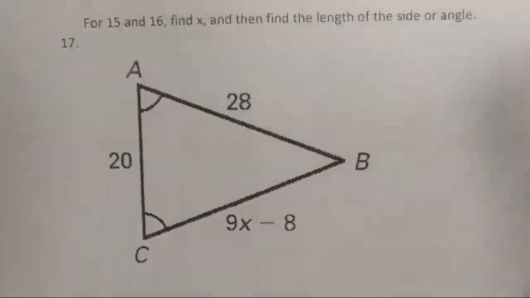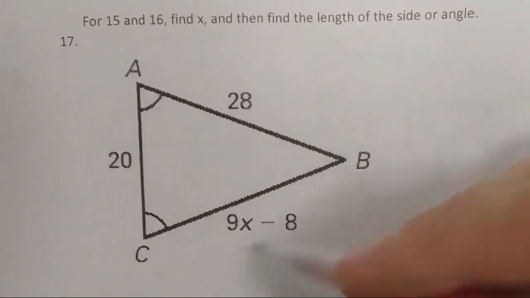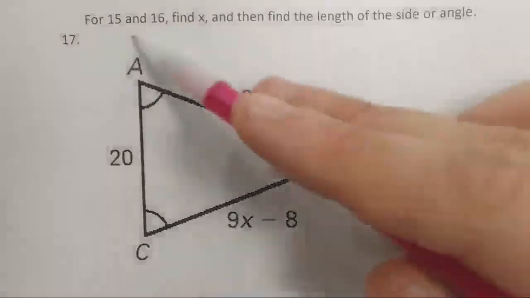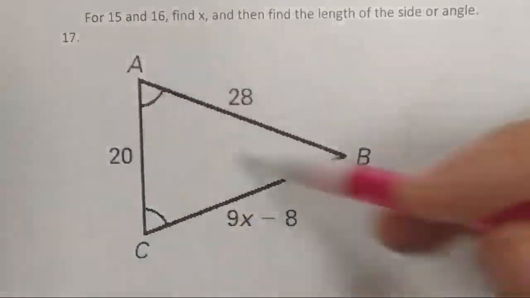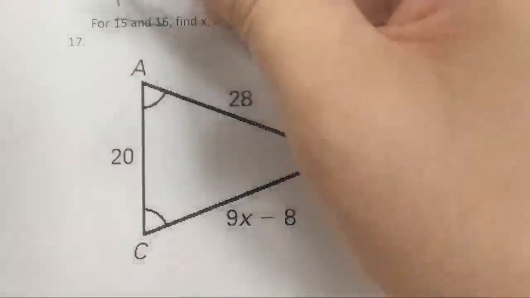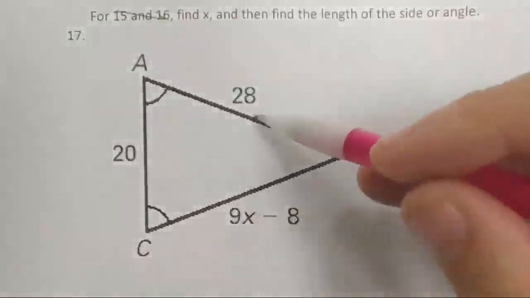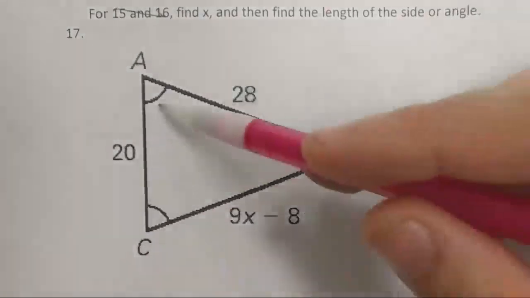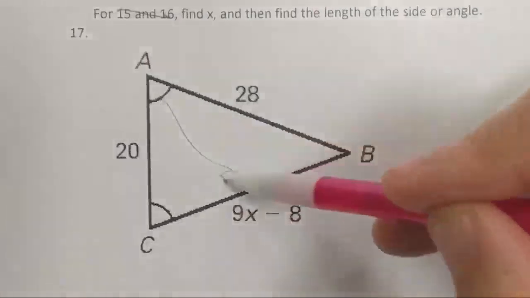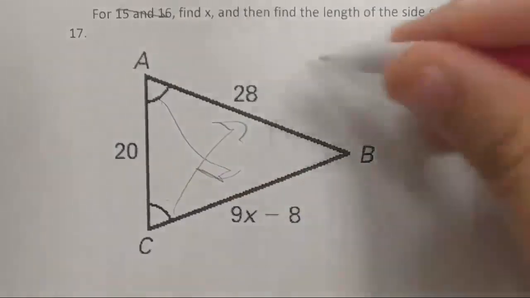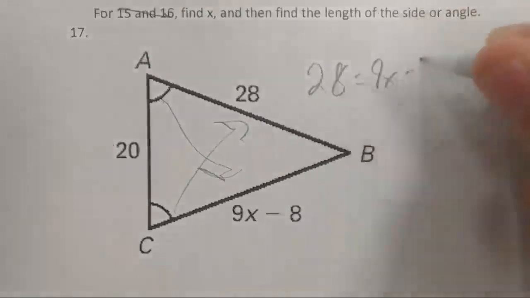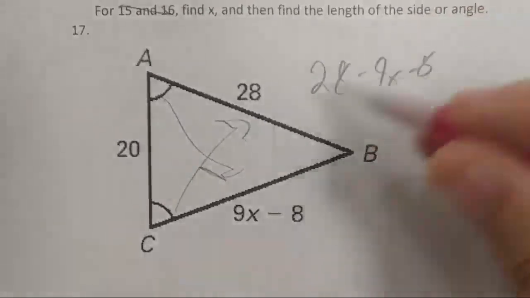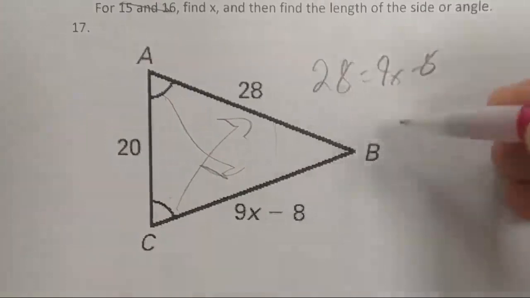All right, find x, then find the length of the side or angle. Okay, so I asked you for part 15, 16, that's 17, 18. Man, I suck at typos. 17, 18. So, what can I do with this? Well, I know these two angles are the same. So if these two angles are the same, the opposite sides are the same. So 28 equals 9x minus 8. Plus 8 on both sides, that's 37.